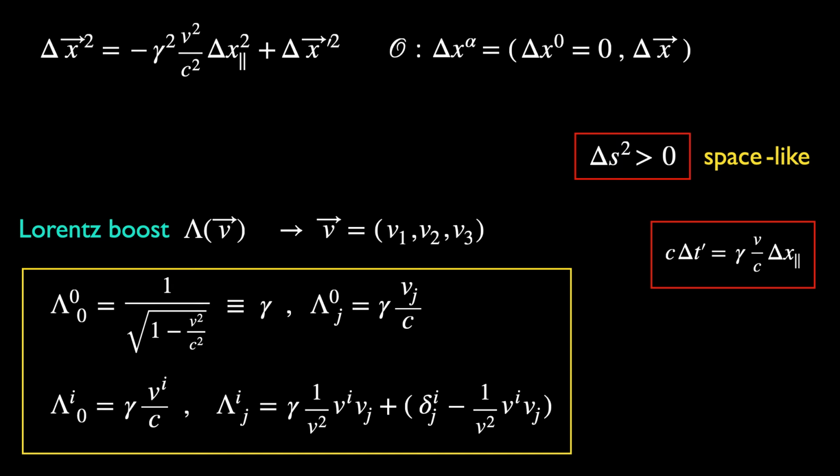Now, let's take a closer look at the spatial displacement in O' using the Lorentz boost. Again, delta x0 is 0. Using the fact that lambda ij can be broken down into a projector along the velocity and a projector orthogonal to it, we have this.